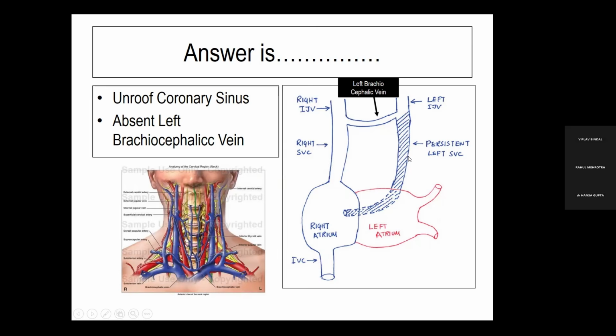It means that when this persistent left-sided SVC was draining into the right atrium, there were some holes present at the level of the left atrium. And this entity is known as unroofed coronary sinus. And this is the coronary sinus part. When there is unroofing of the coronary sinus, these bubbles get into the left atrium first and later into the right atrium.